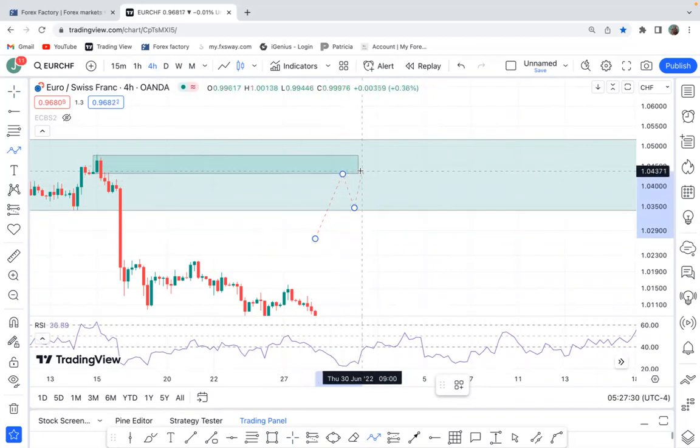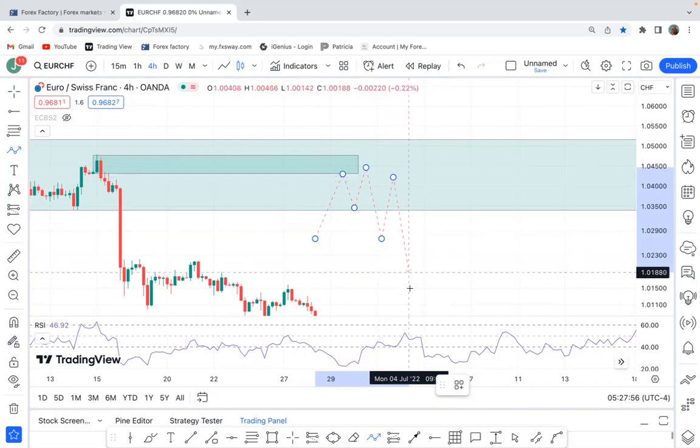It must not be an impulsive break of structure, but as long as it takes out this high. So a break of structure to the other side and then a break of this low impulsively. I would like to see an imbalance as well in the impulse. And then the other block that broke this structure impulsively is where I want price to retrace to or pull back to before I get into the trade.